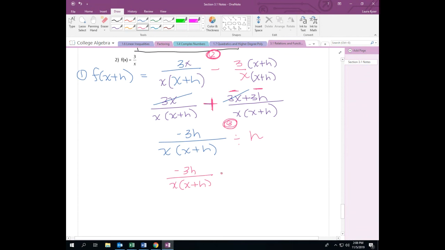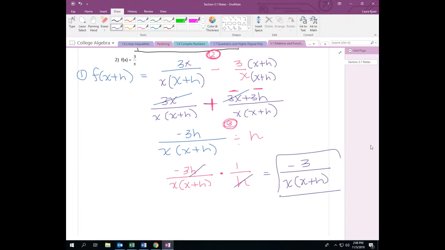Don't divide by h, multiply by 1 over h. And how nice for us, it lets us cancel these h's. And my final answer is negative 3 over x times x plus h. So even though that one involved rational expressions, it actually was a little bit shorter to do than the first one.